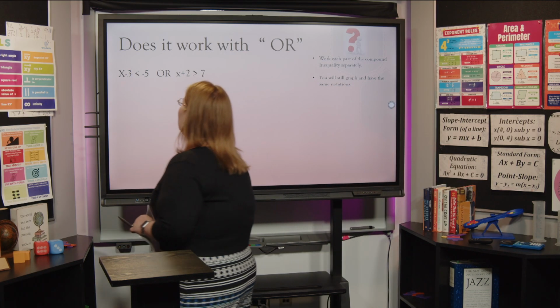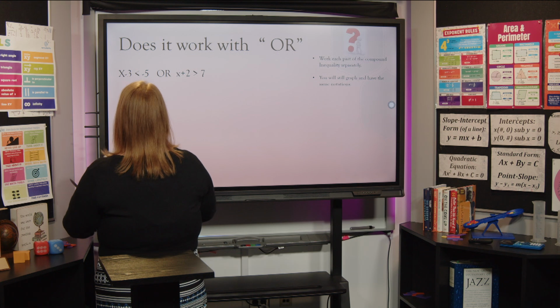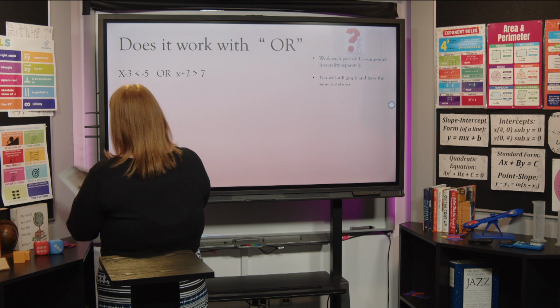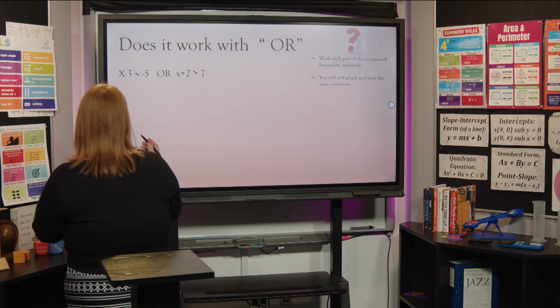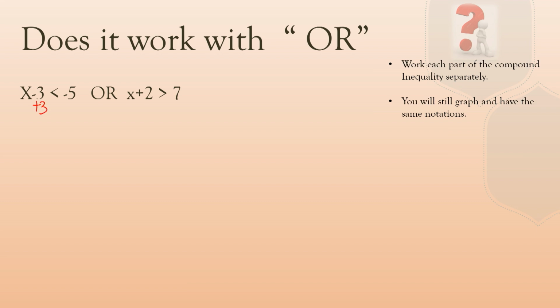So I'm getting my x's by themselves. I'm going to have my variables on the left and I'm going to have my numbers on the right. So I'm adding 3 to both sides. So x is less than negative 2, or I'm going to subtract on both sides, x is greater than positive 5.